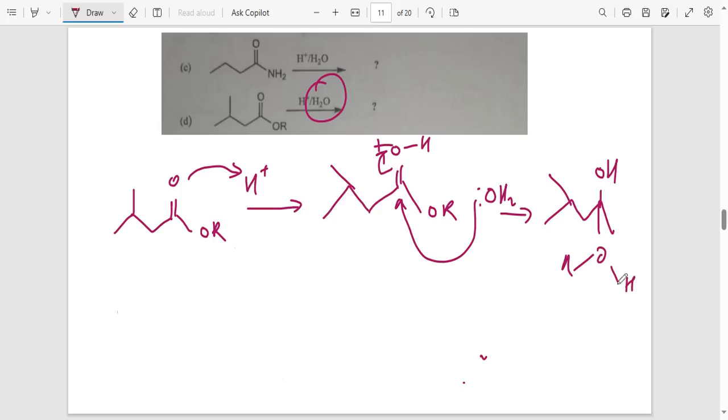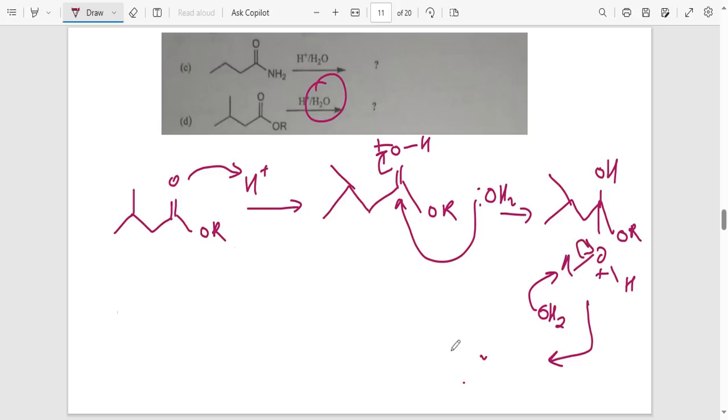Anyone to guess what is going to happen next? Yeah, so we remove this hydrogen.